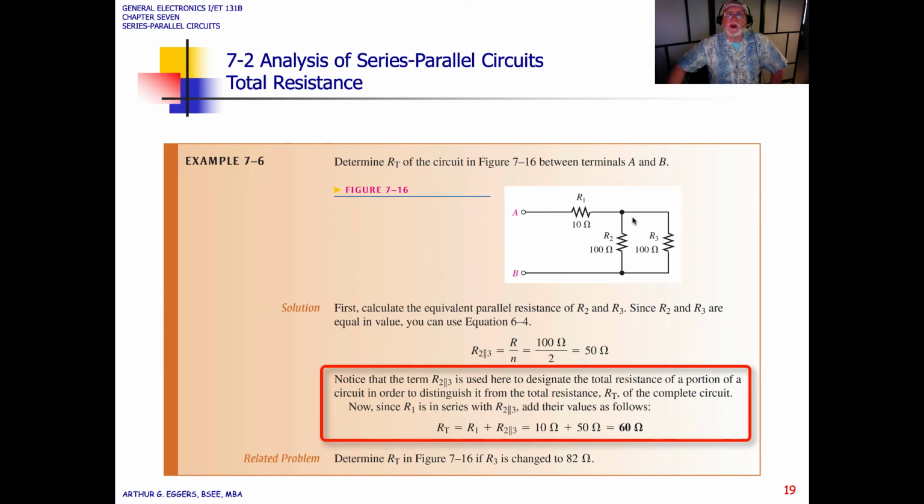So now that we have the 50 ohm equivalent here, R2 in parallel with R3, it's just a matter of summing R1 and that, together, and we get a total equivalent resistance of 60 ohms.